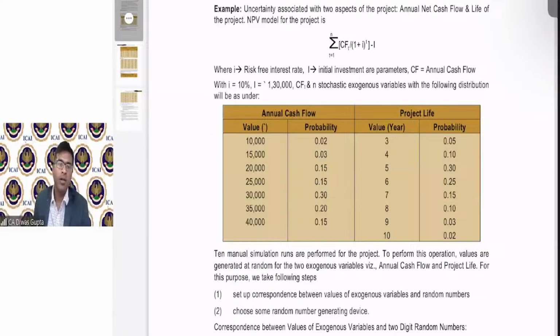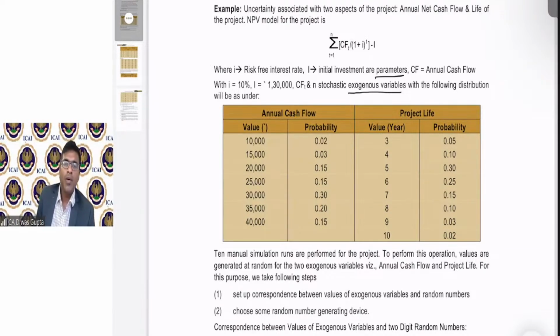I request everyone to please open that, or just to focus on the screen. I will try to explain the simulation through the example taken in the study material. First of all, students, as I told you, there are two things that we have to first understand. One is the exogenous variable, and the second one is the parameter.